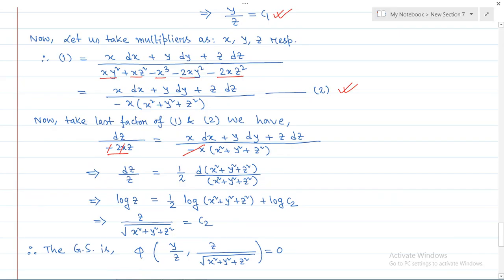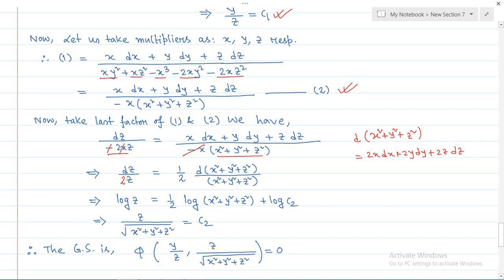Now this 2z is there, dz upon 2z is there. This one is x square plus y square plus z square. If I differentiate x square plus y square plus z square, what will I get? I will get 2x dx plus 2y dy plus 2z dz, right?